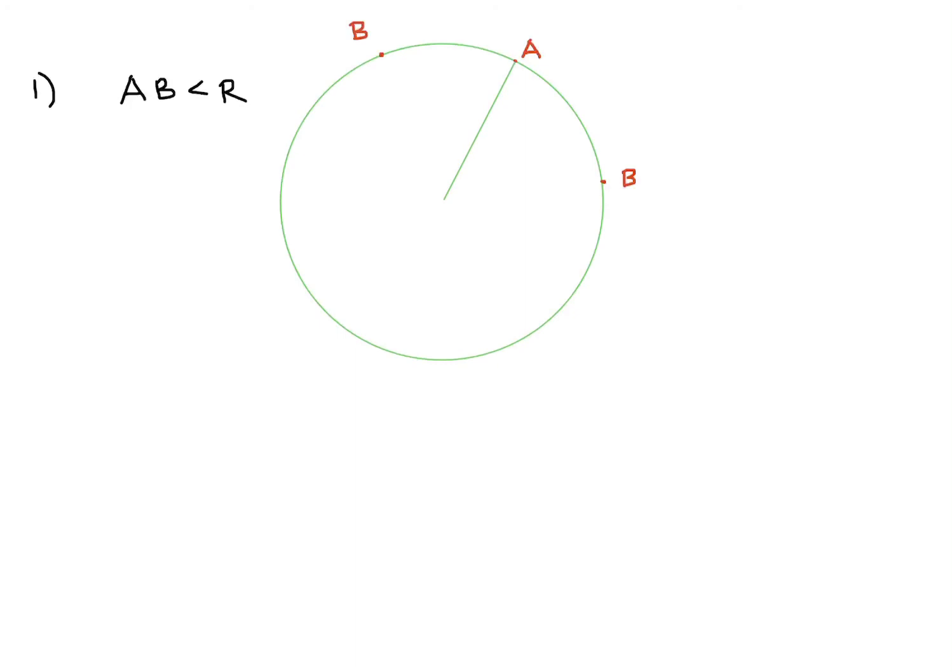This is my radius, and I'll draw the radius going to the other B as well. Now AB is this distance, and of course it's also that distance. We want AB to be less than R. Now R is this guy right here.